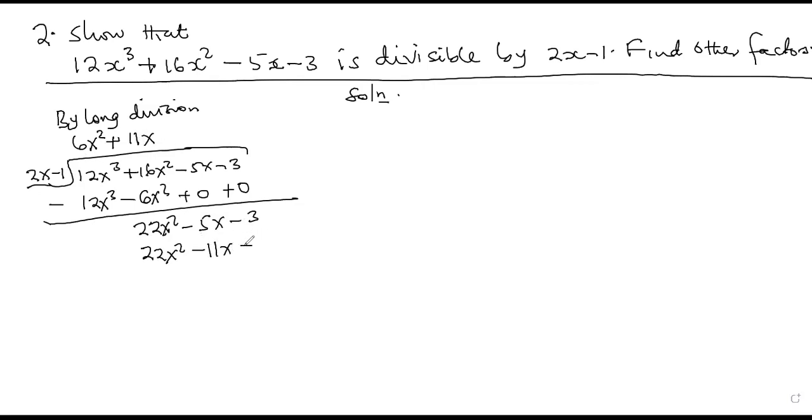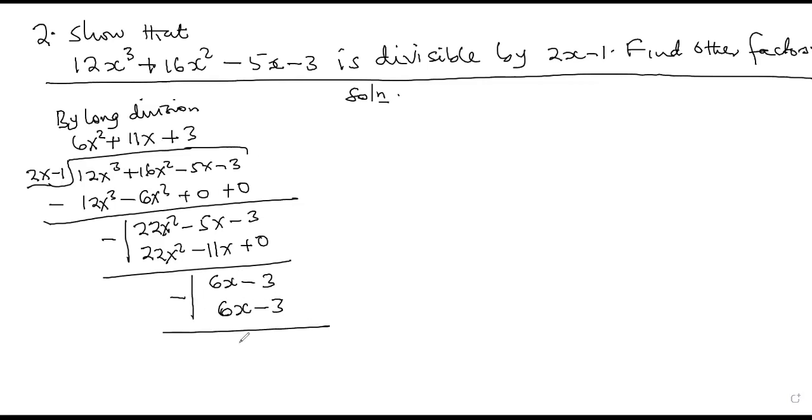Because we don't have a component here, we shall say plus 0, and then we subtract. 22x squared minus 22x squared will give you a 0, minus 5 minus -11 will give you 6x, but -3 minus 0 will be minus 3. 6x can be divided by 2x to give us 3, then 3 times 2x will give us 6x, and 3 times -1 to give you -3. The moment you subtract this off, you're going to get 0, 0. The fact that it has left remainder 0, it means that this polynomial is divisible by 2x minus 1.